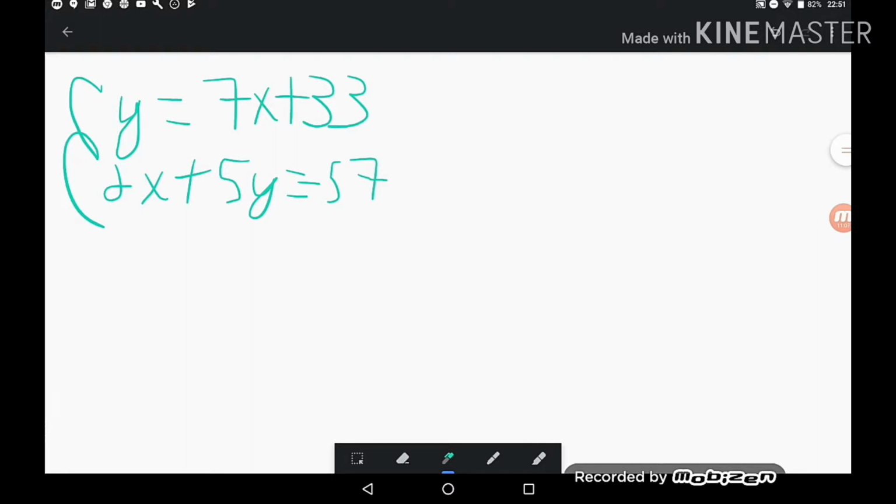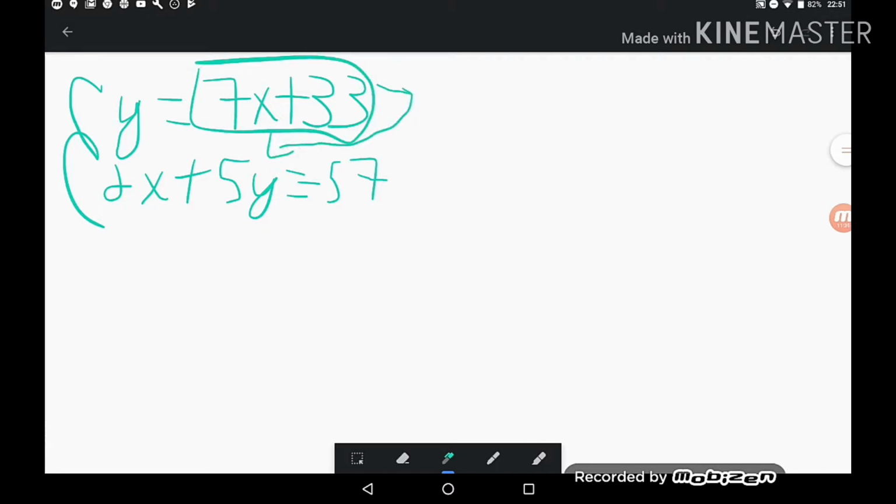Alright, next example, we have y equals 7x plus 33, and 2x plus 5y equals negative 57. And obviously we know we have to use substitution because our y value is in front of us. So all we got to do is take this top equation, its expression right here, and plug it into this y.